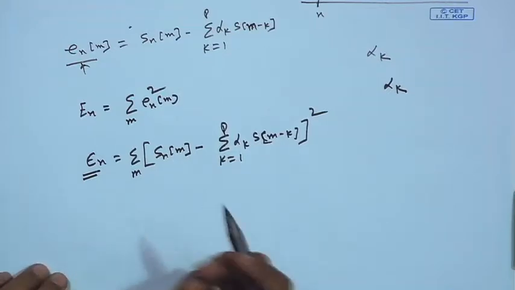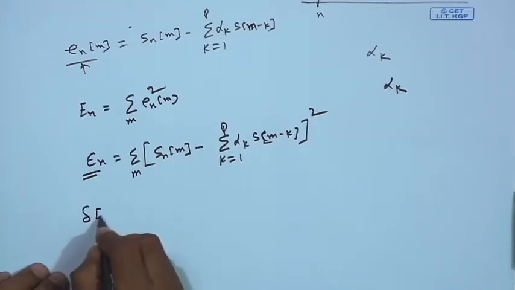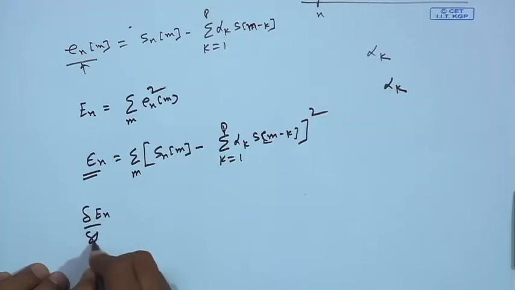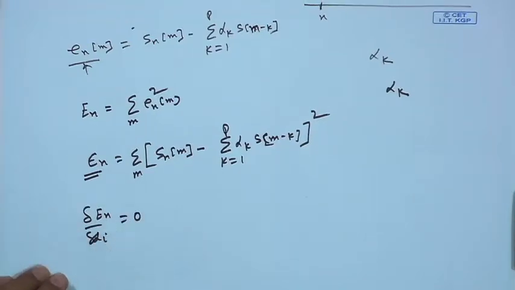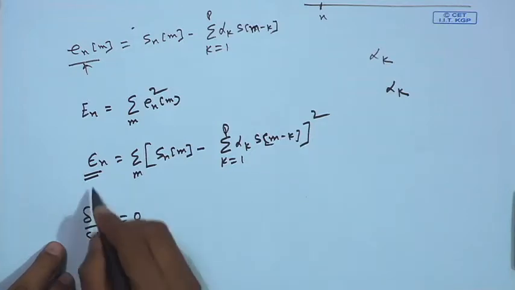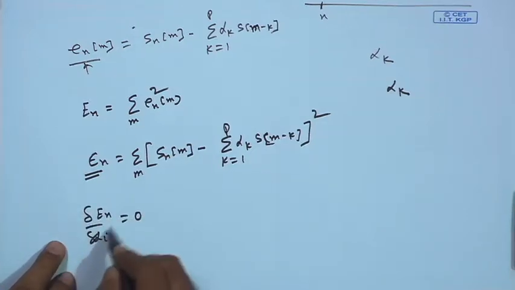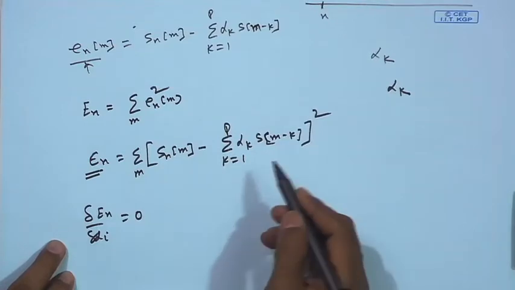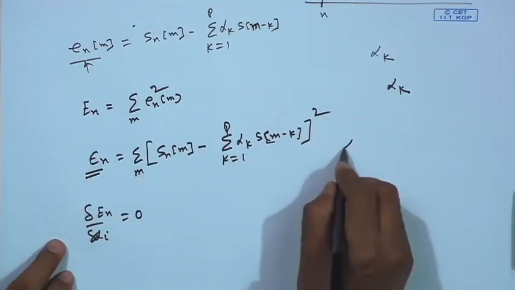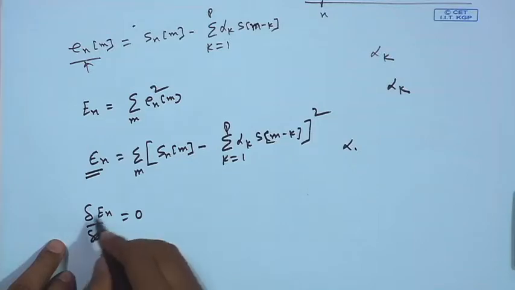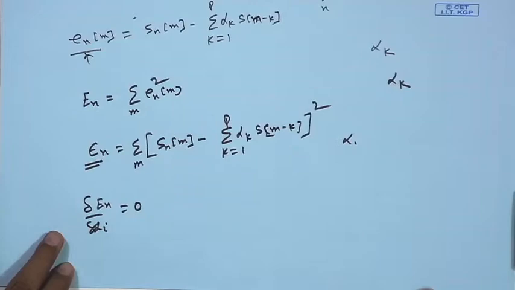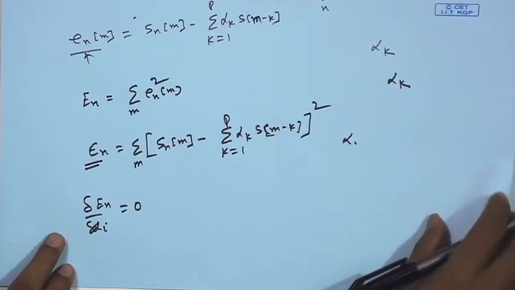I minimize by setting the first order differentiation with respect to alpha i: del E n by del alpha i equal to 0. Then I get the set of values of alpha k for which the function is minimum.